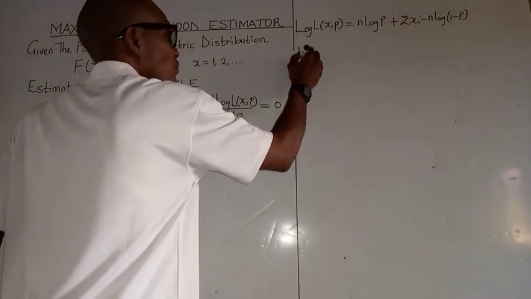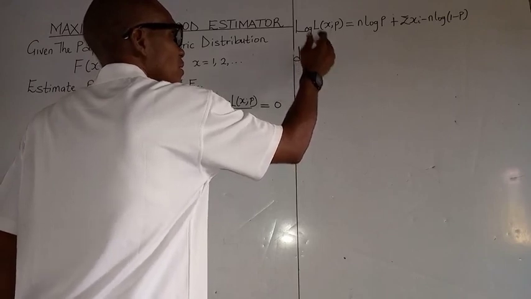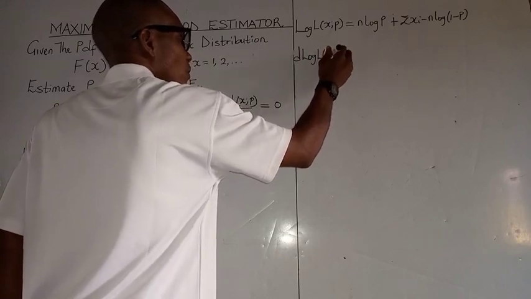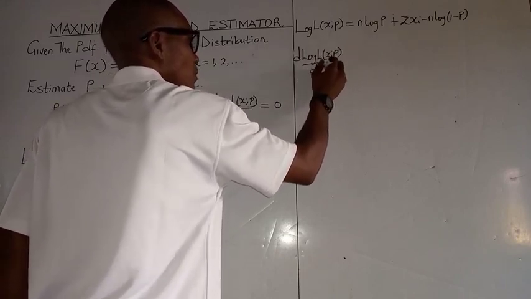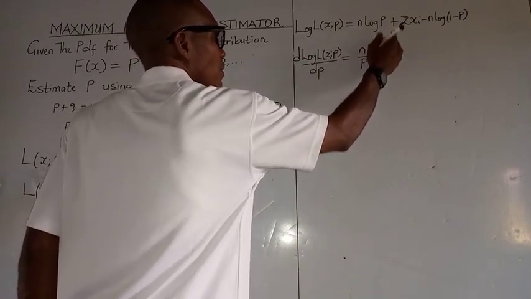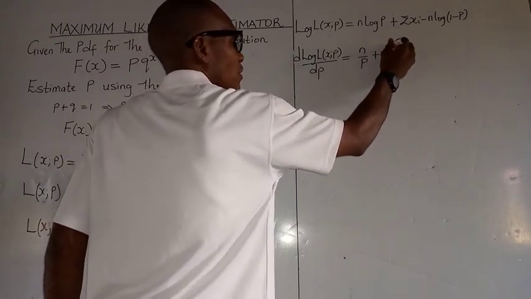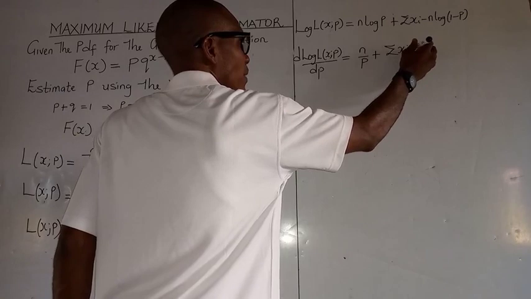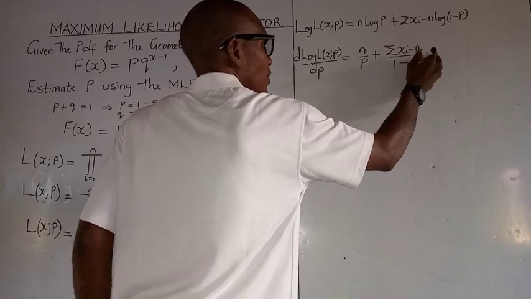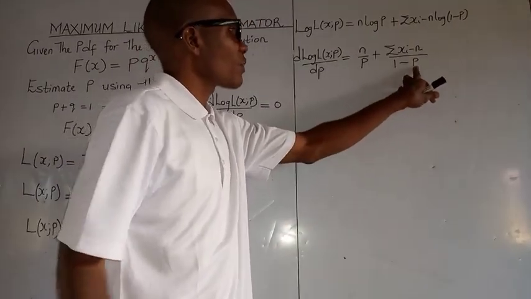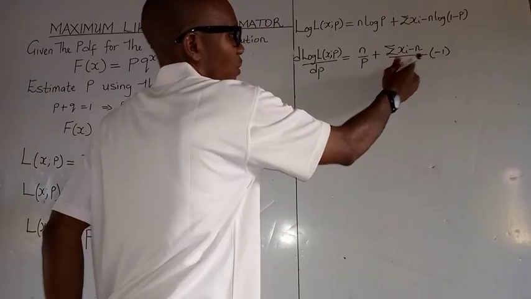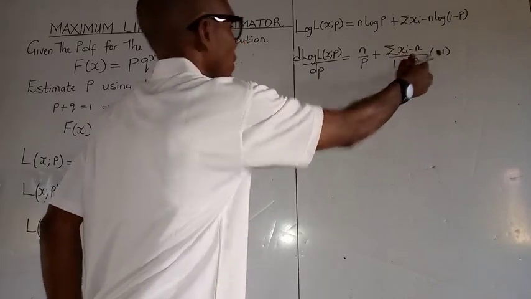So if we differentiate this with respect to P, we get n over P plus summation of xi minus n, all over 1 minus P. Since we are differentiating with respect to P, we have this to the power of minus 1, so to differentiate this, we get 0 minus 1.